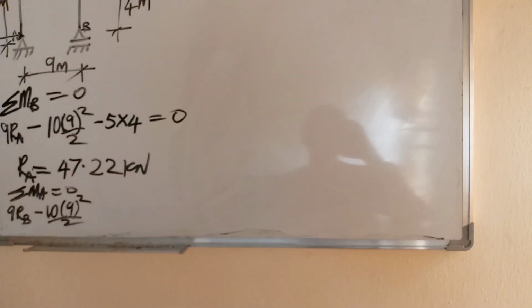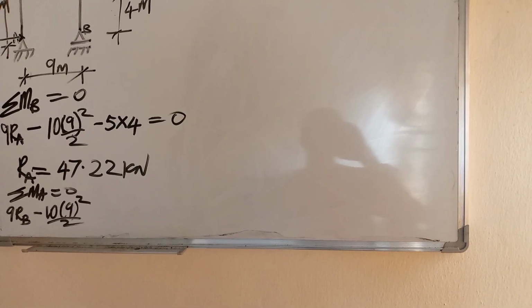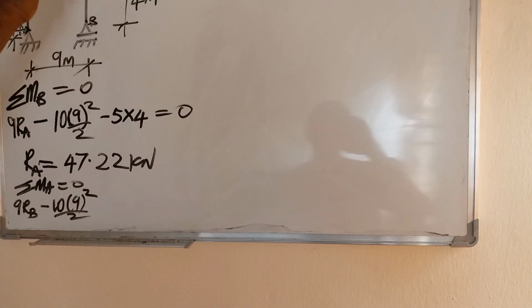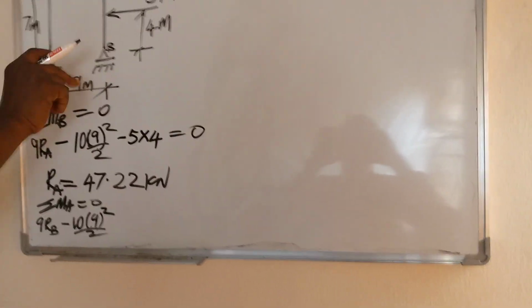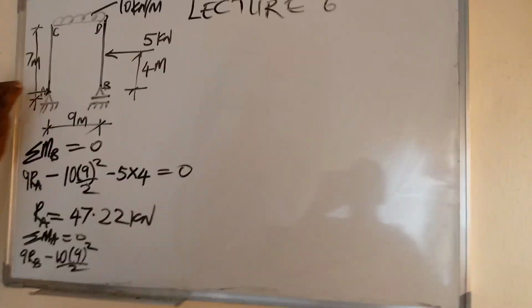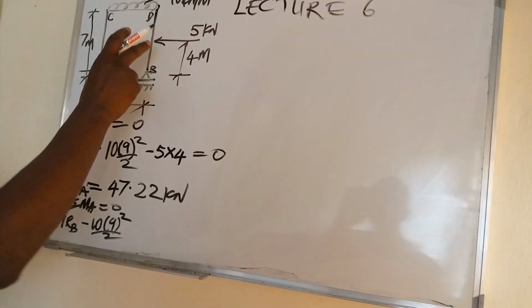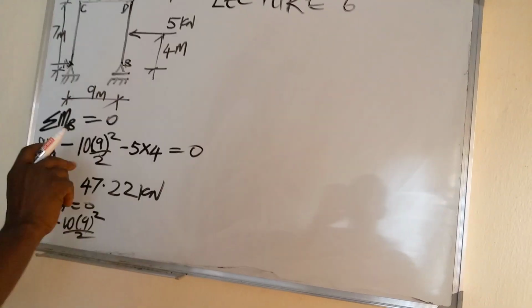RB turns in the same direction. The load of 10 kilonewton per meter turns against RB with regard to turning about point A. But the load 5 turns in the same direction as RB.